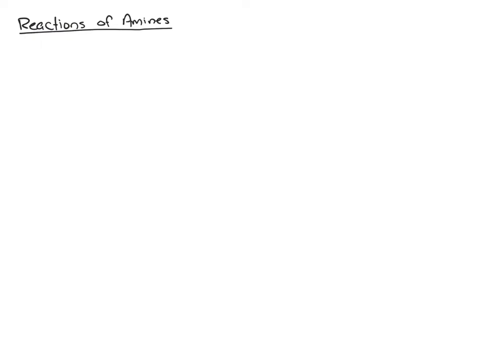Okay, the last thing we're going to look at are some reactions that amines undergo. And there's actually several that we've already seen. For example, remember we took arylamines, the diazonium ion, and then we did substitution reactions with a variety of different things.